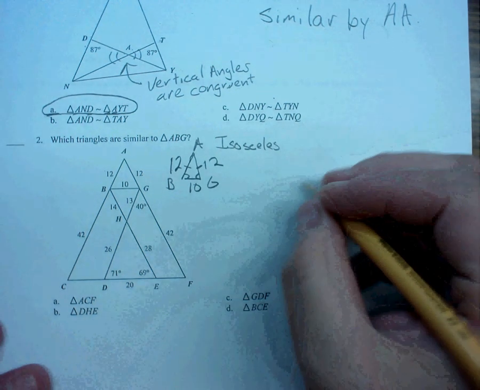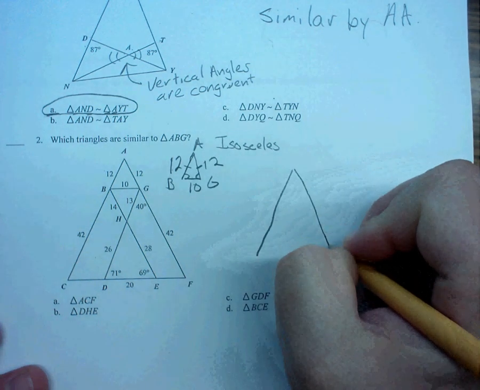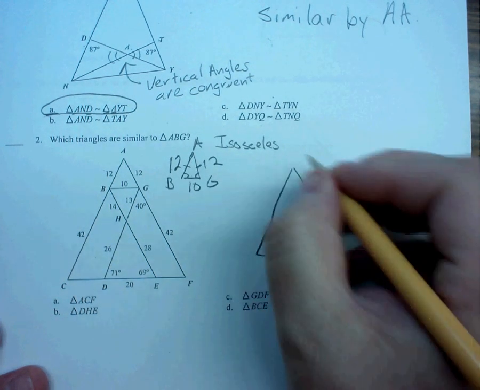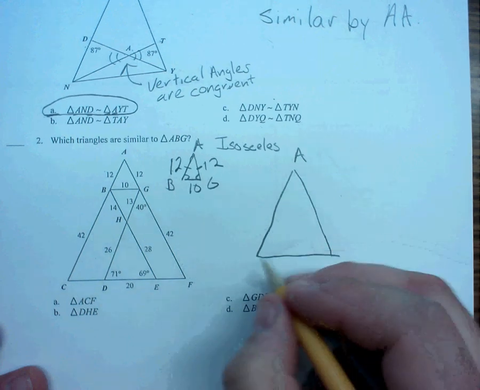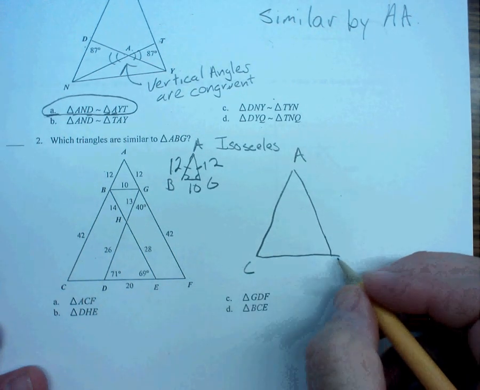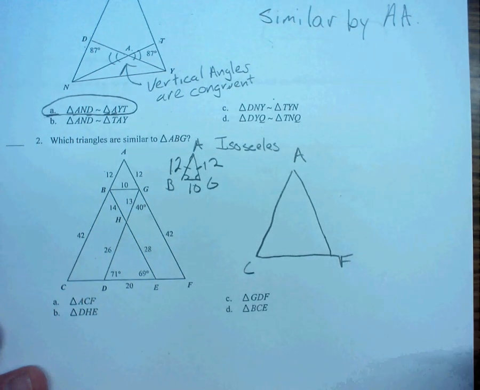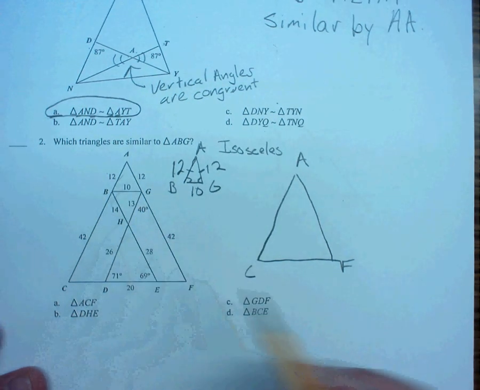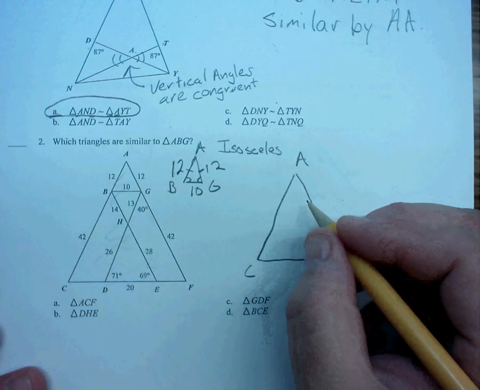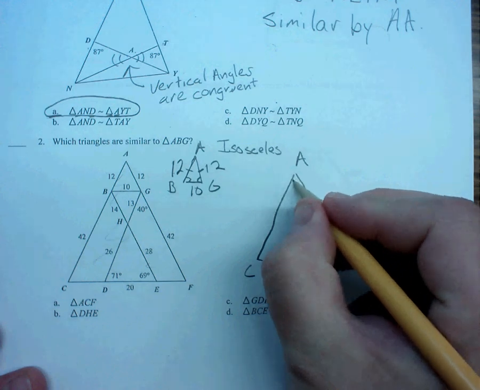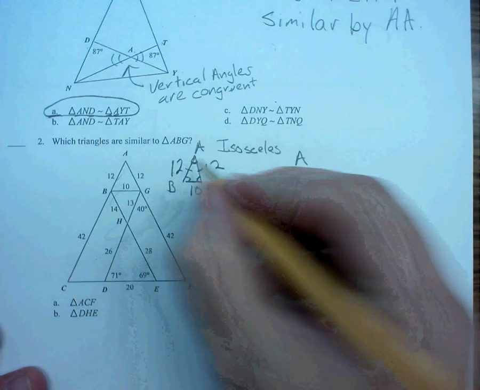I really believe that triangle ACF, which is the whole big triangle, is similar to it, because one, angle A is congruent to angle A.